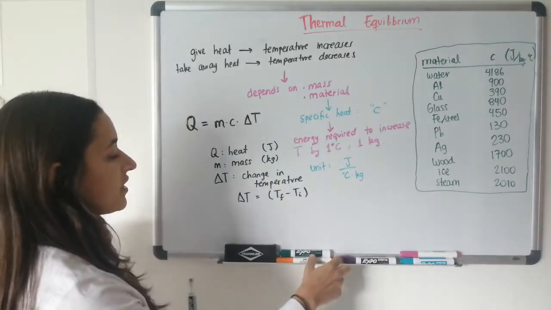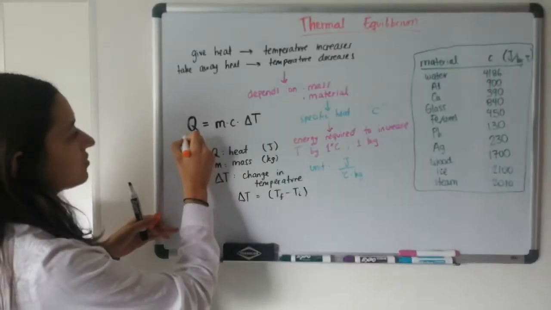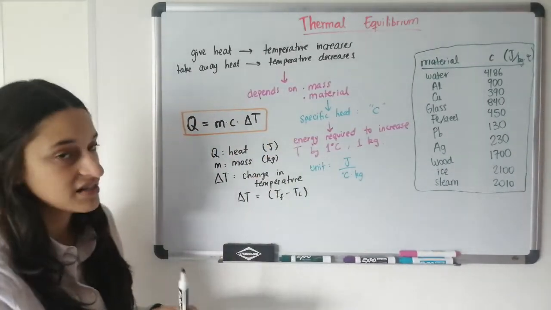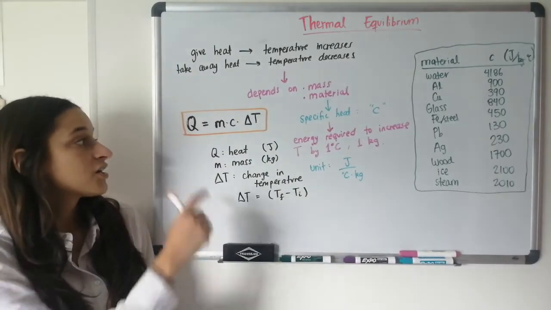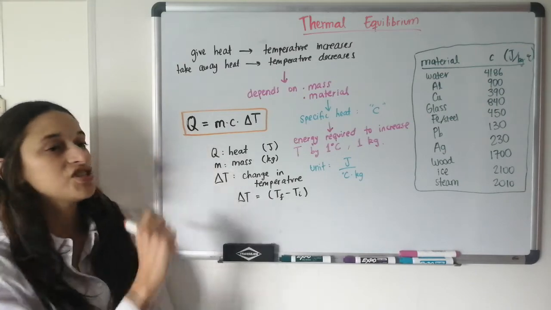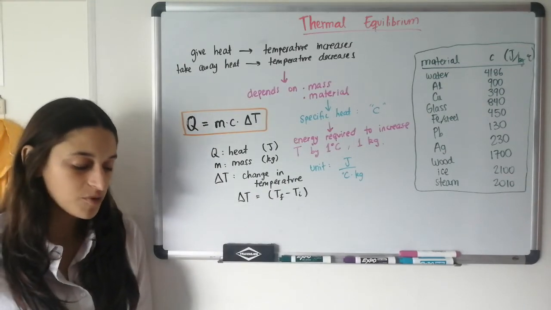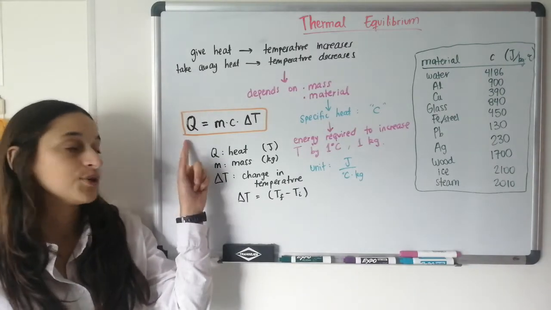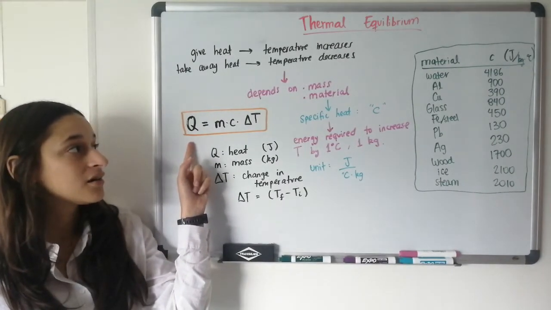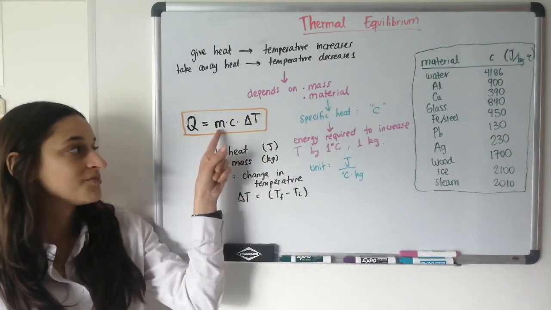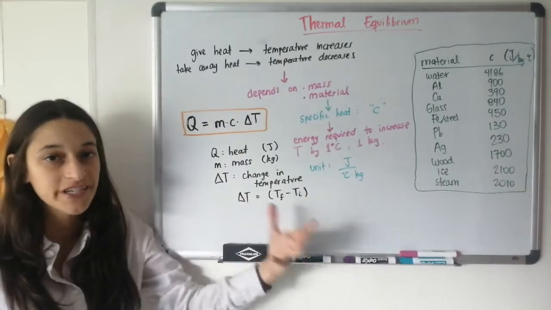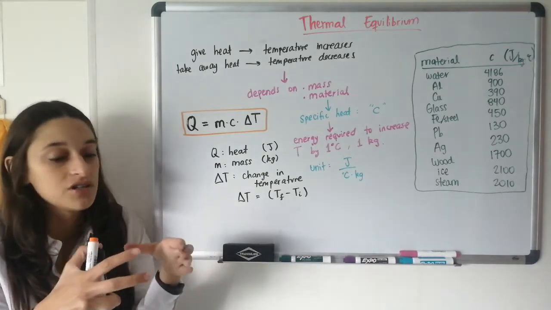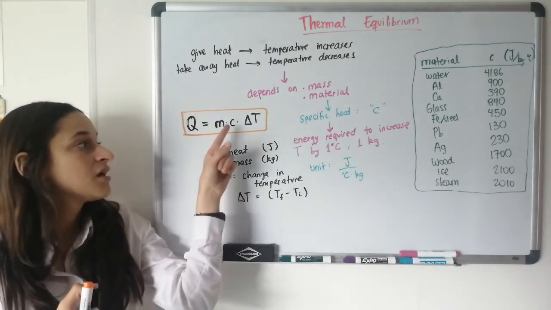So what we have here is an equation relating all of these things we've talked about. Q means how much heat you need. If I ask you how much energy or heat you need, you're going to find Q. And what does it depend on? It depends on the mass: how much you want to heat up, a giant pool of water or just a little pot of water.